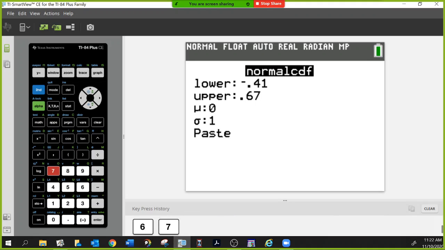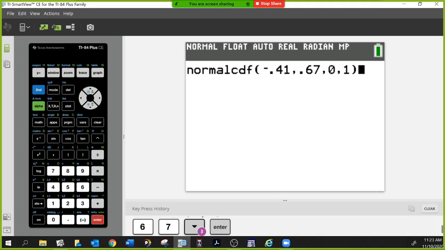And look, mean 0, standard deviation of 1. It defaulted to that, which is nice, so we don't have to change that because we are in the standard normal distribution. There you go. What's the probability something's going to fall between those two bounds? About 0.408.